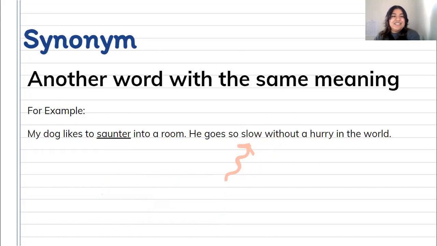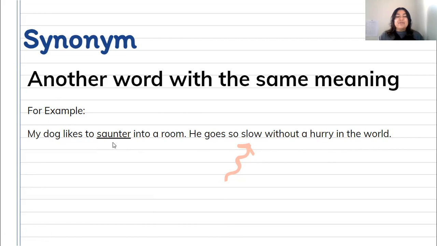Okay. And lastly, we have synonym. Synonym is another word with the same meaning, kind of like when you say you're happy and you're joyful. They both kind of mean that you're having a good time, right? So let's see how it's used in this example. It says, my dog likes to saunter into a room. He goes so slow without a hurry in the world.